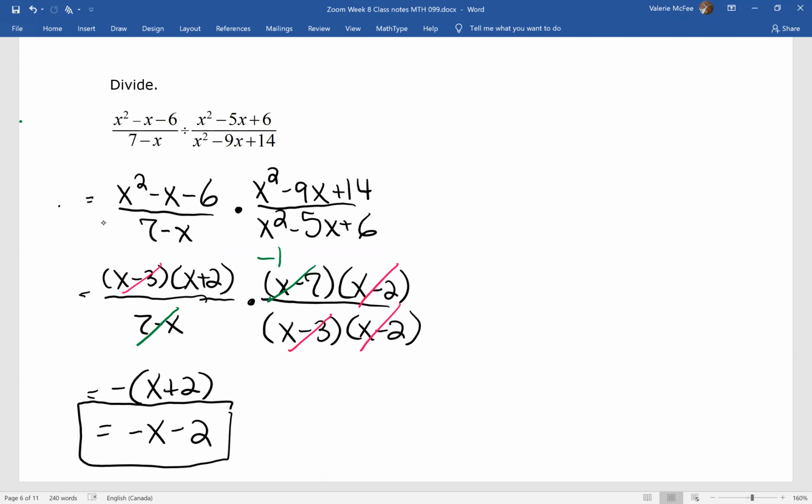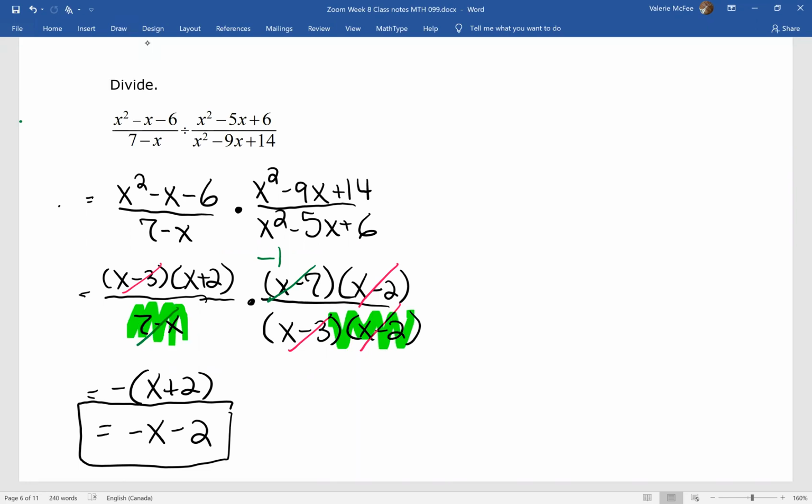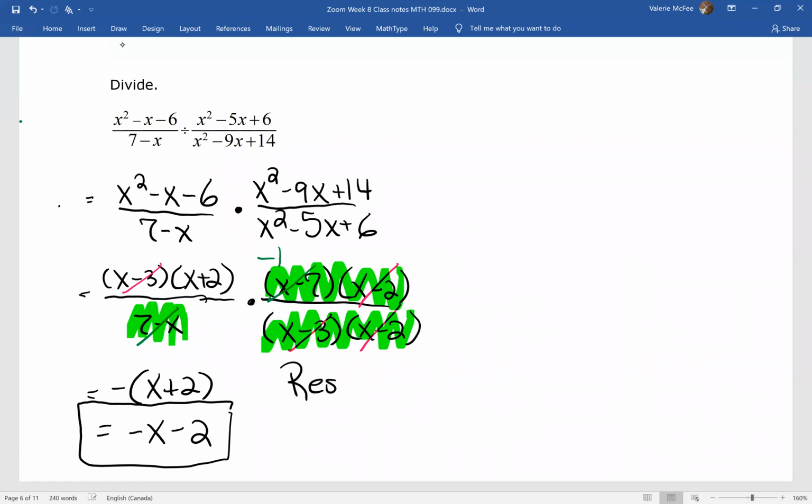We do want practice looking for restrictions. If you didn't find your restrictions already, pause the video and do so now. Remember that for restrictions, we're looking at B, C, and D. So if I look at my first factor here, 7 minus x cannot equal 0.